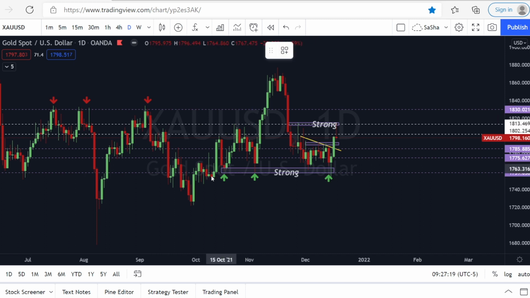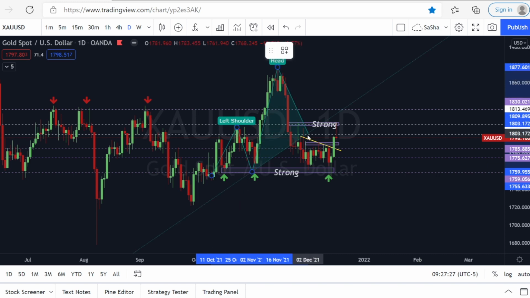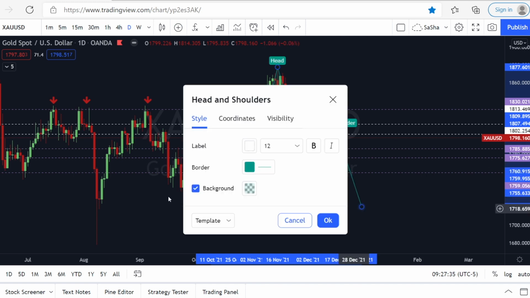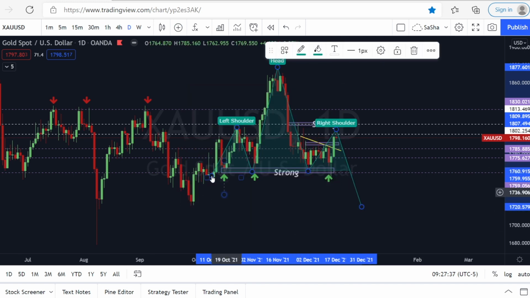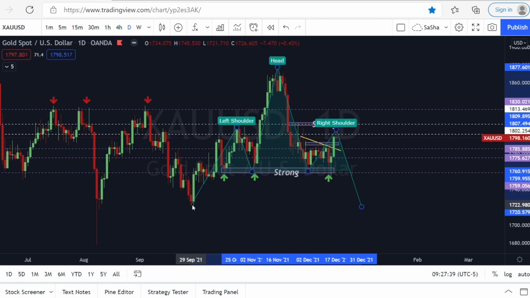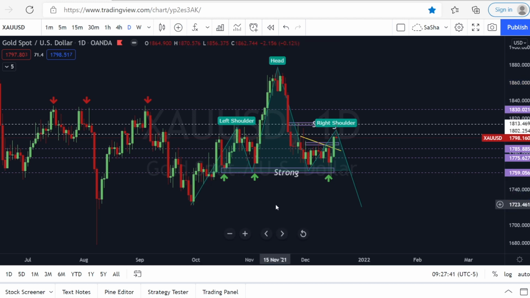So if I'm going to draw this head and shoulder pattern from here, what do you see? Either we can come back down all the way to here or even further down. Look at that, right?